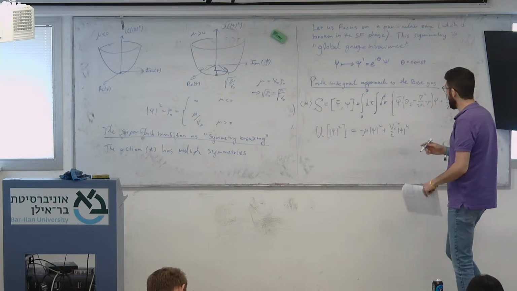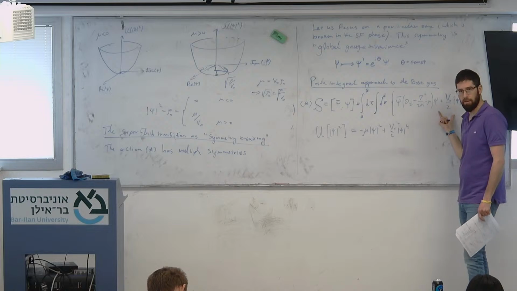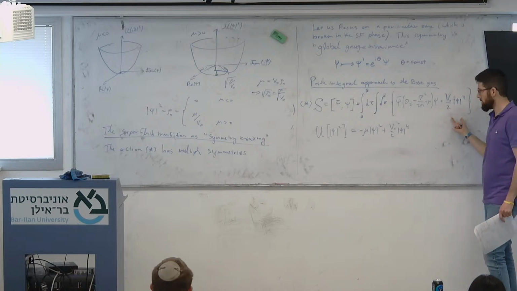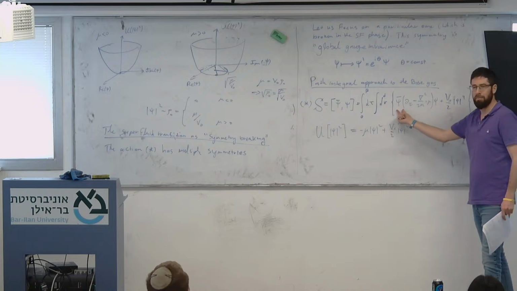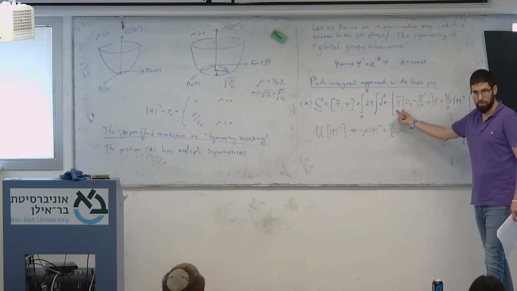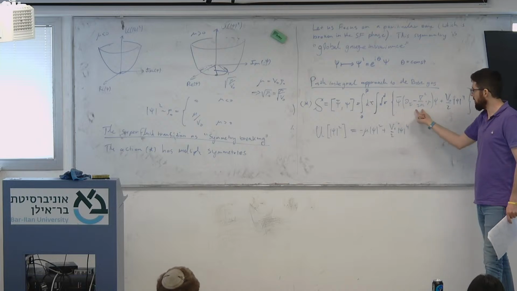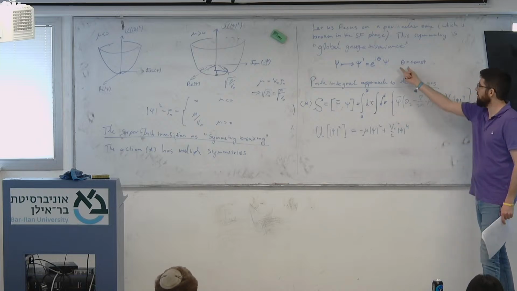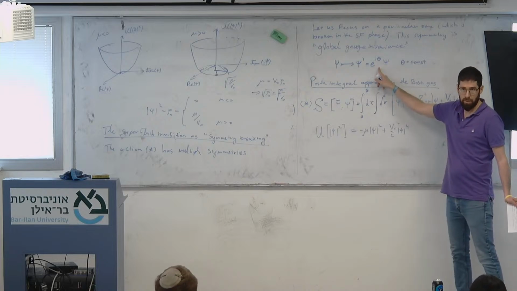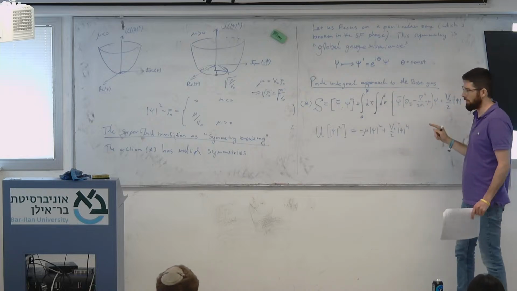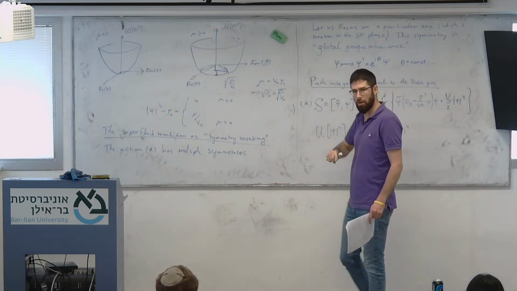Now, why is this Hamiltonian invariant under this? It's invariant because everywhere where you have psi, it's also multiplied by psi bar. And these derivatives, because this is a constant, it doesn't matter for them. Now, do you remember why every psi comes with a psi bar?